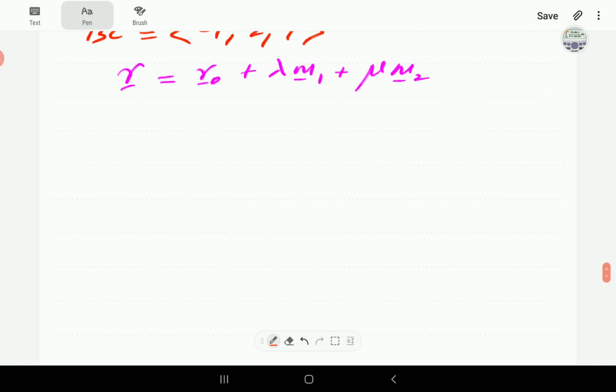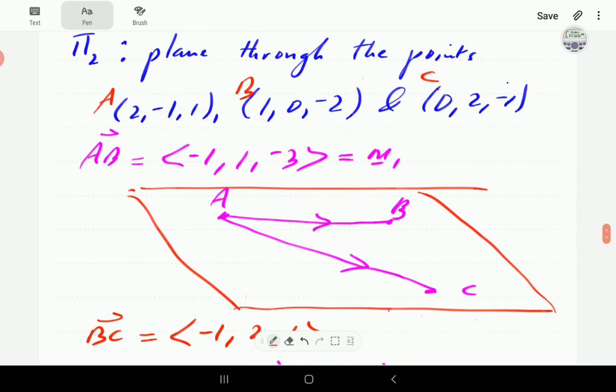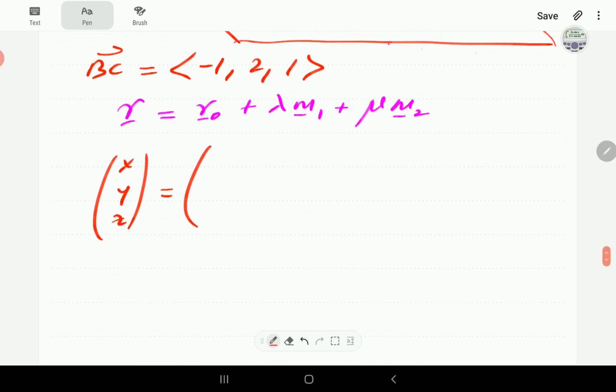So for the equation, we can write x, y, z. We could use the first point as our x0, y0, z0. So it's 2, minus 1, 1, that's the position vector.